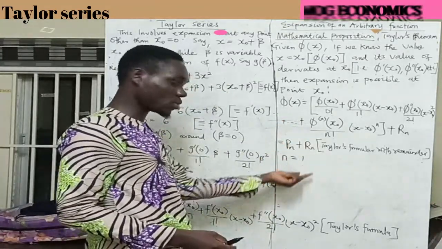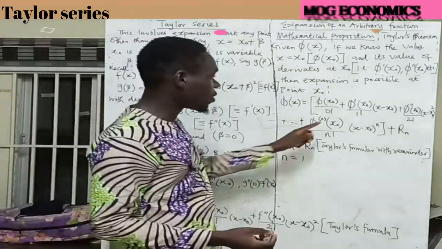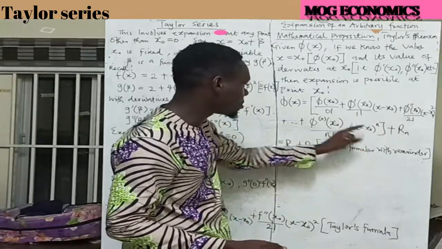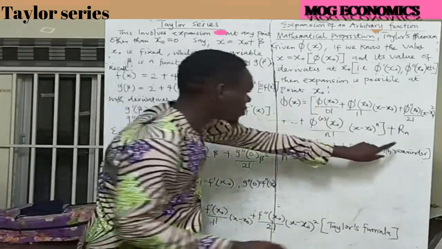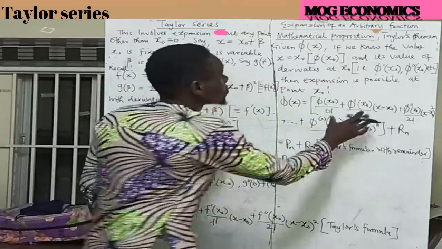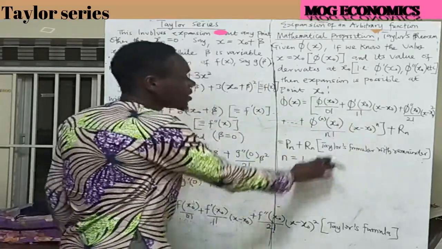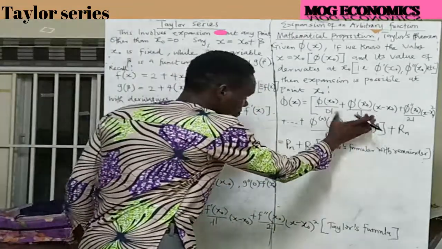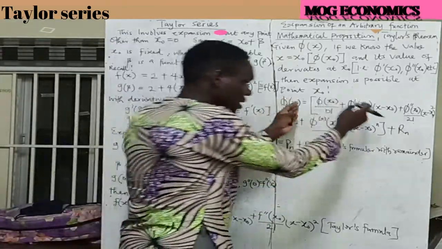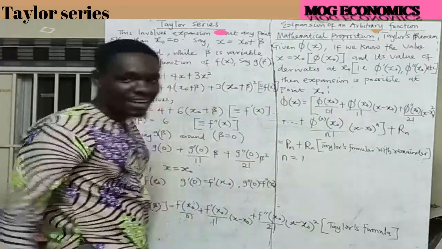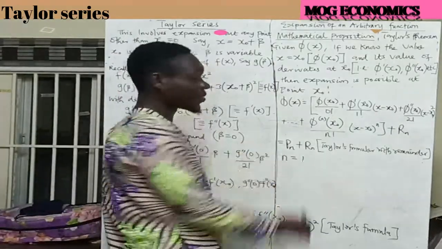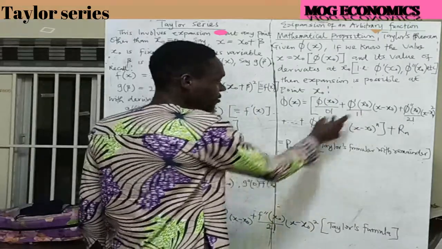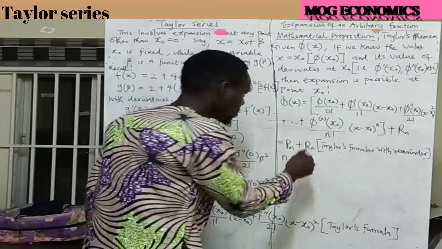N equals 1 means we are looking for the first order, and the first order will be these two first terms in the approximation as I put it. This n equals 1 here stands for the order of derivative. So in this case, first order.